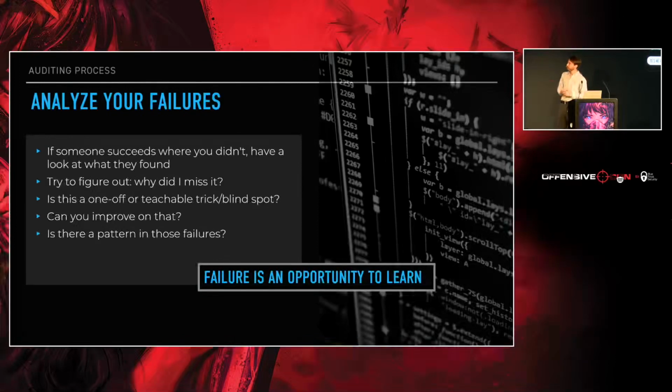So basically, you can go back and see why you missed it. If it's something that you totally weren't aware of at all, then you realize that you have a blind spot in your vulnerability research, and you can go and learn about the concepts that person used to find that vulnerability, and add to your mental arsenal of things when you're doing vulnerability research.